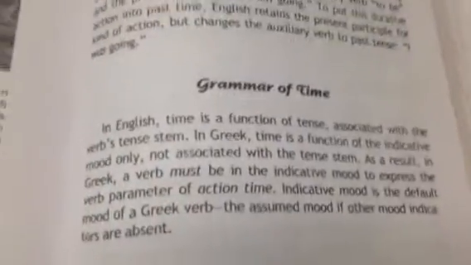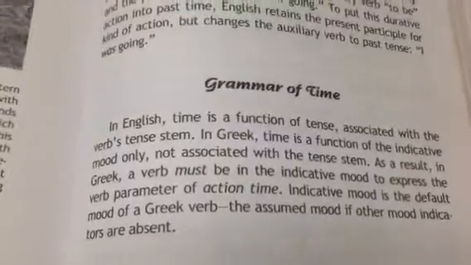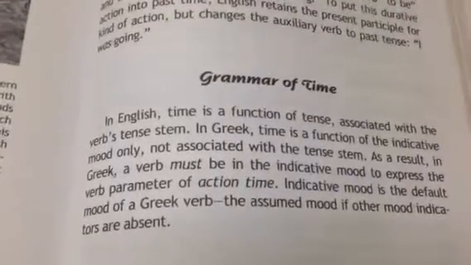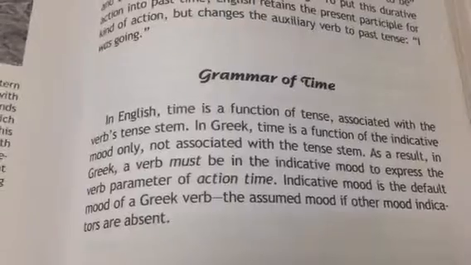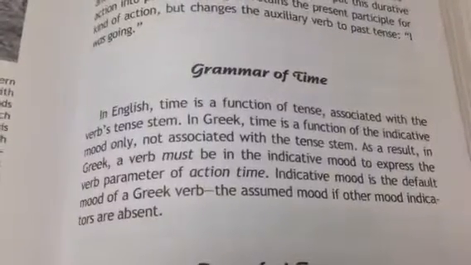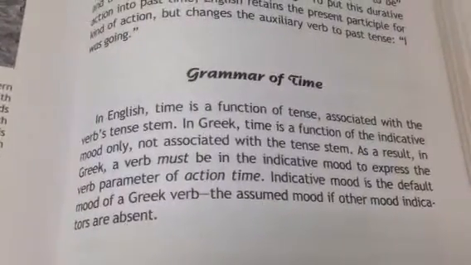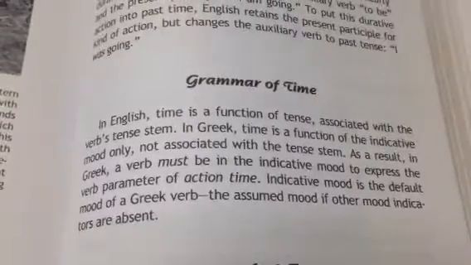So let's start at the beginning and remind ourselves that English is grammar of time, but we're much more interested in action kind. We're still in the indicative mode, so we still have some degree of action time, but we are definitely interested in action kind, which is durative here.